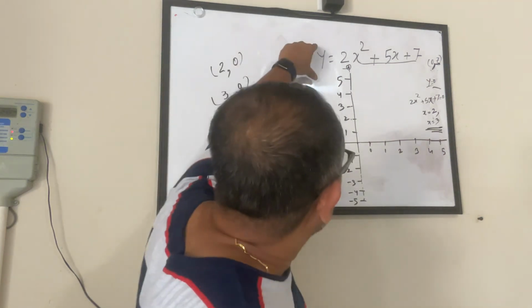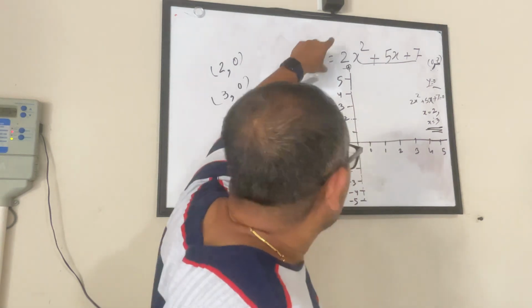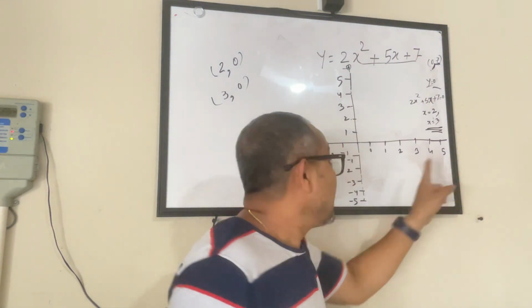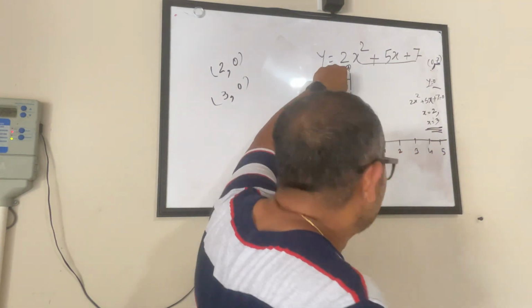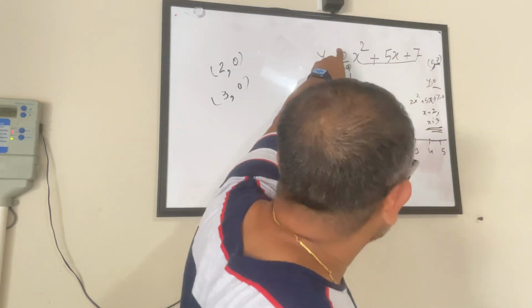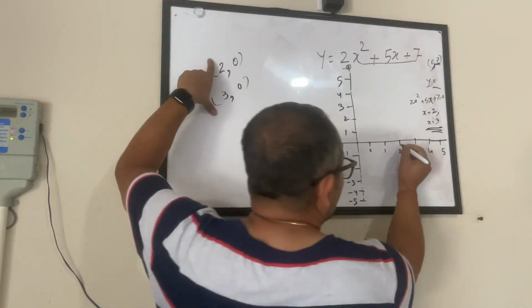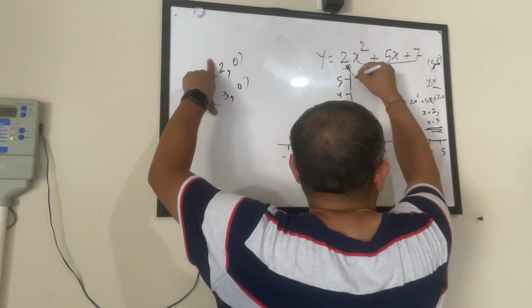When y is 0, what are those points? Meaning, where this equation is touching the x-axis. We found it is touching the y-axis here when x is 0. Now we are trying to find out where it is touching the x-axis. So we found 2 points, 2 and 3. What it means is, if I join these 2 points.